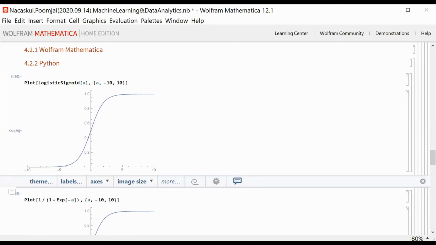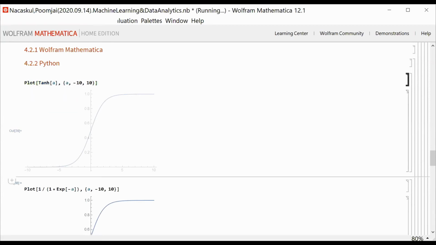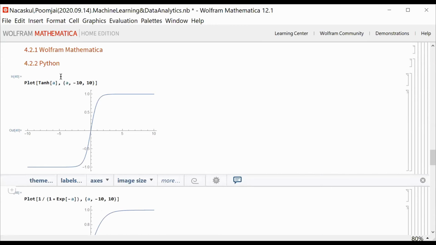Because this function is called logistic sigmoid. Forget the word logistic, focus on the word sigmoid. What does that remind you of? Signaling. It's signaling that this is a 1. I signal that you're over here, you should get a 1. Here you get a 0. That's why the word is signal. There are other forms of sigmoid, but this particular form is called the logistic function. The other one is, I'll show you. This is also a sigmoid, except it goes from -1 to +1.